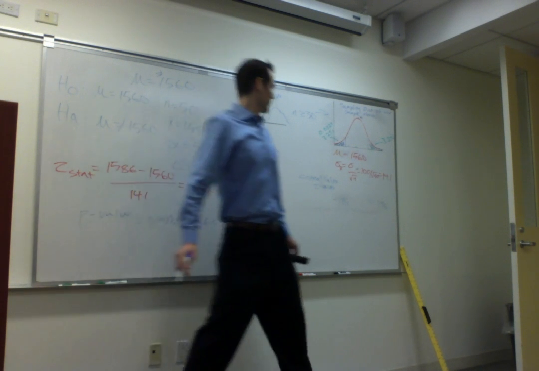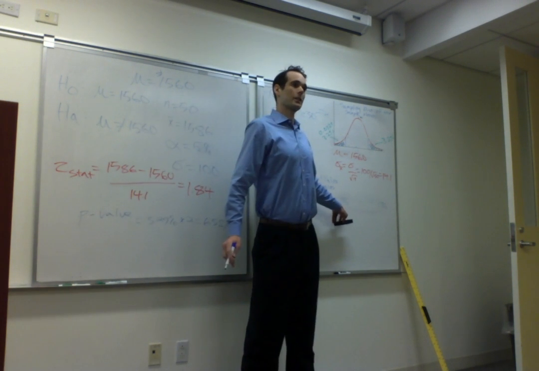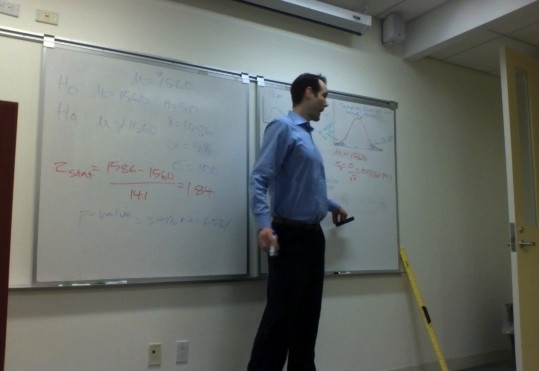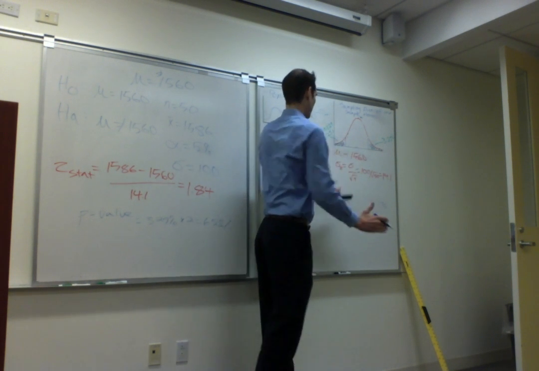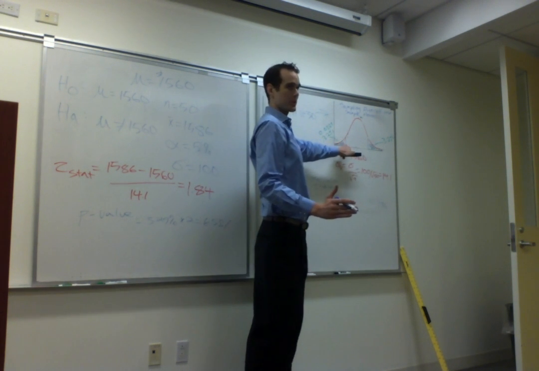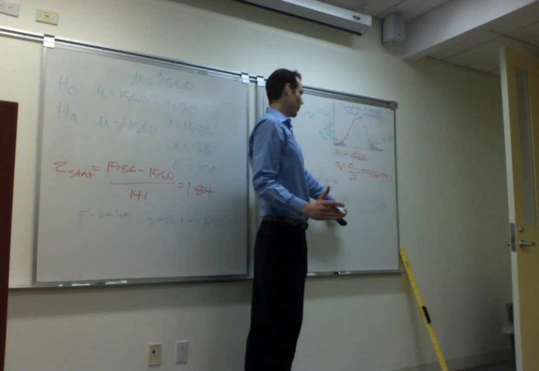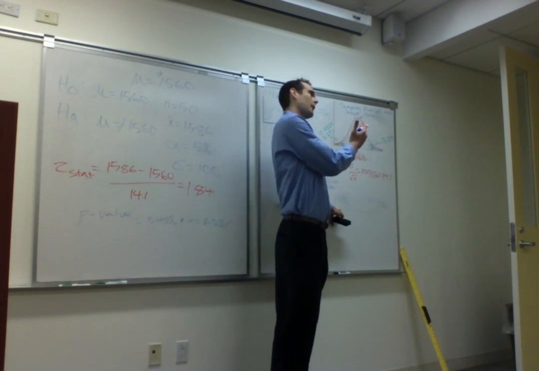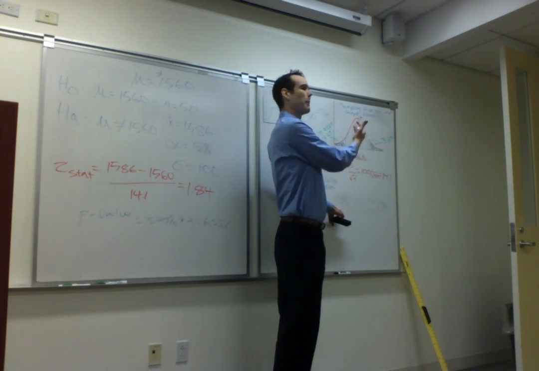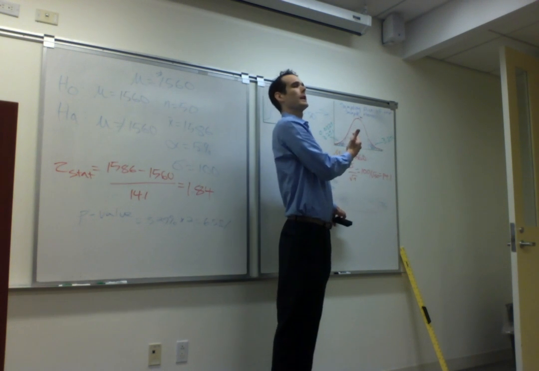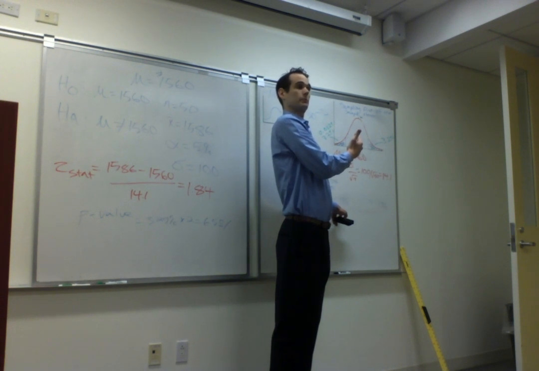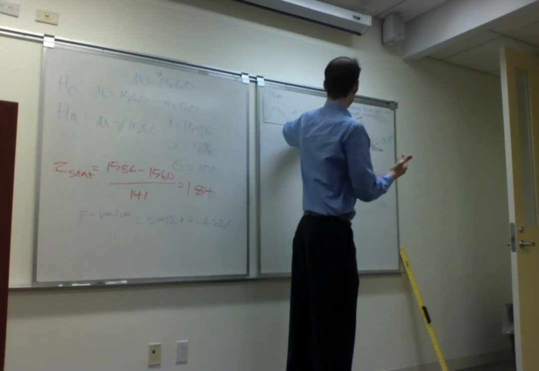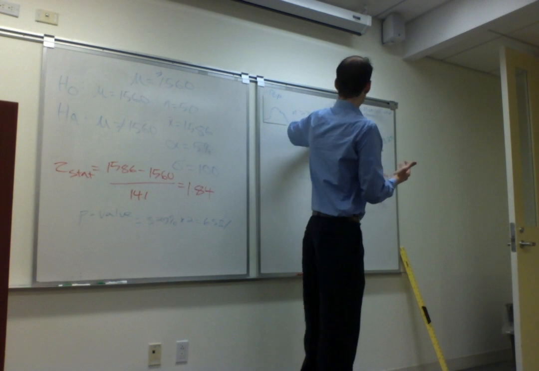If you were to look up negative 1.96 on the Z table, how much of the data, remember 1.65 encompassed 5% of the data on the low end, how much of the data would be below negative 1.96? 2.5%. So there's going to be 2.5% on the low side.